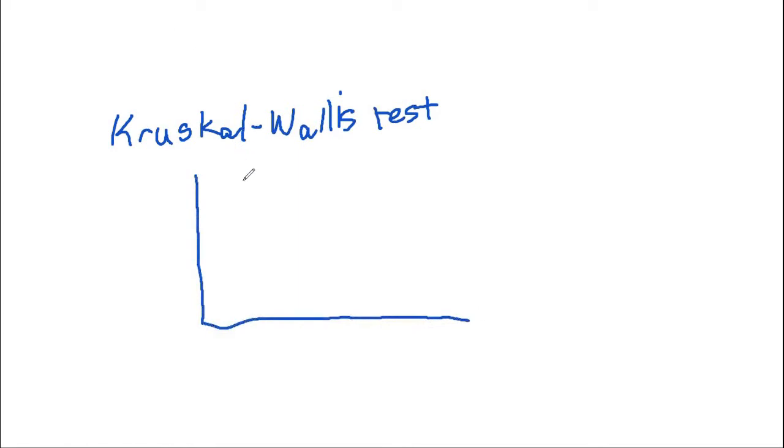you can imagine an experiment with 3 groups. What that test does is first it assigns ranks to all the observations, independent of group membership.